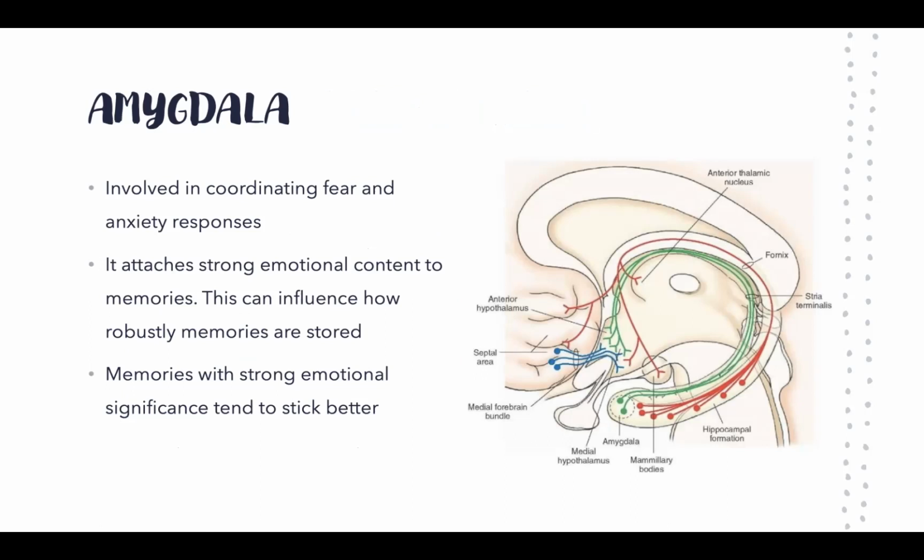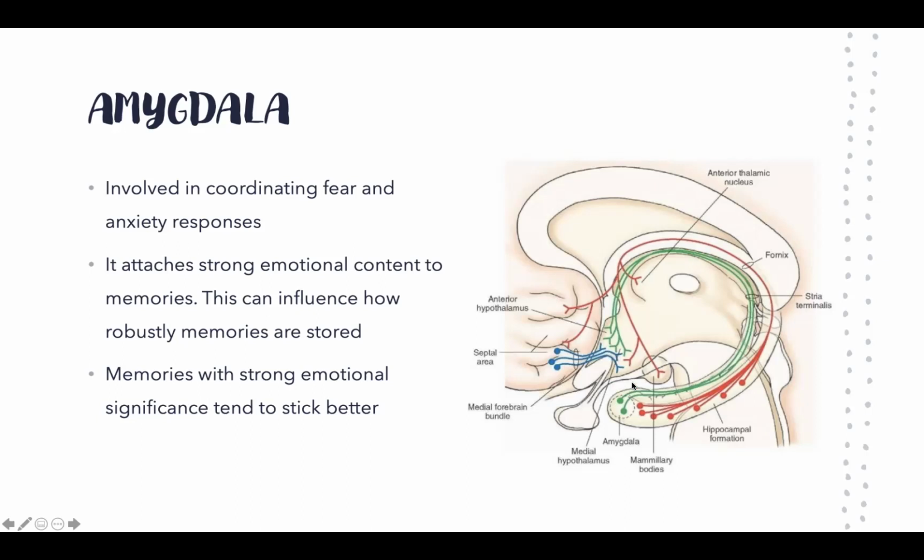And because it attaches that strong emotional content, it affects how well memories are stored. So memories with stronger emotions tend to stick better. So if you think about it in our life, things that have very strong emotional influences, we tend to recall much better. And that's what the amygdala is for.